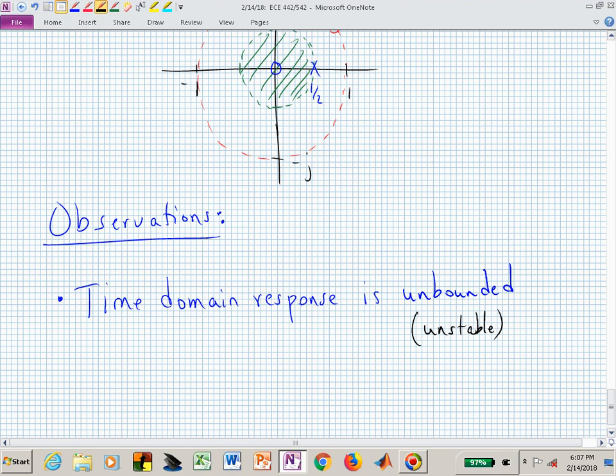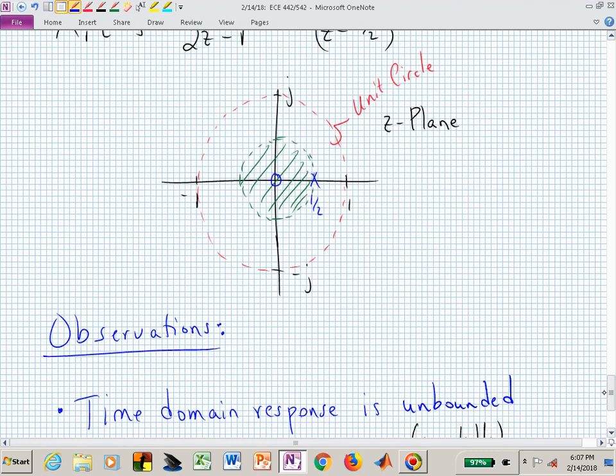What do we know about the unit circle? So there's one observation. The time domain response is unbounded. The unit circle doesn't lie on top of the region of convergence. Is the unit circle shaded? Is it a part of that green?